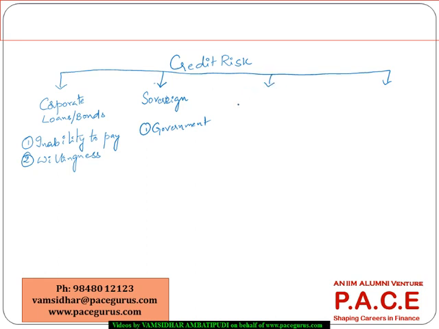Then the third dimension with respect to credit risk is the credit derivative products. The most common example is the credit default swap. As we all know how a credit default swap works, I would just like to quickly look at it.